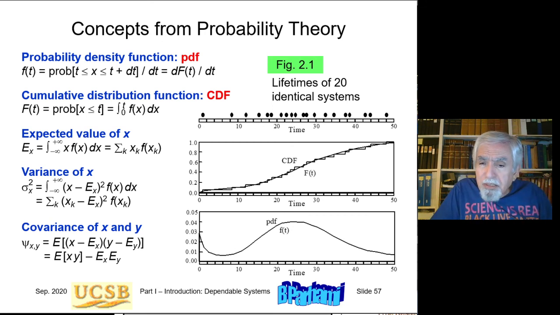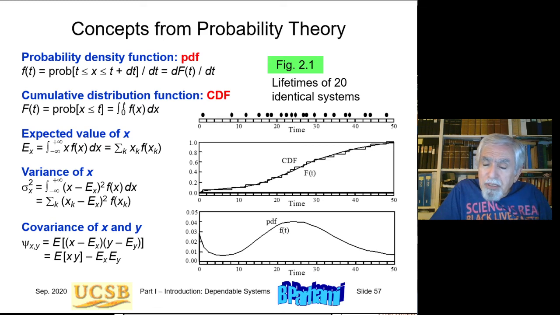Those heavy dots are the point at which the persons died or the system failed. So there's some distribution. One of those individuals died very early, as a baby or infant, and the rightmost one died after 48 years in this particular population. That's the longest living person or system.